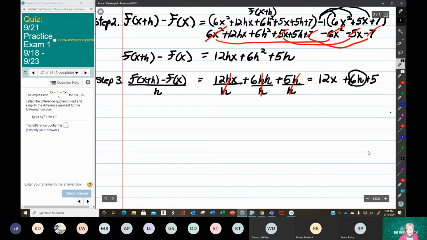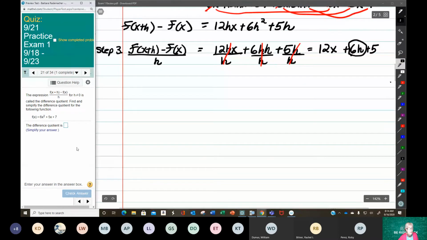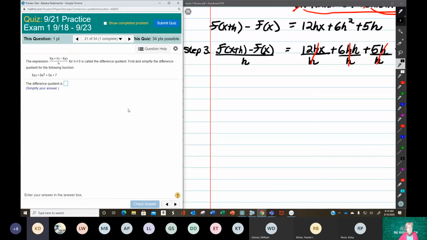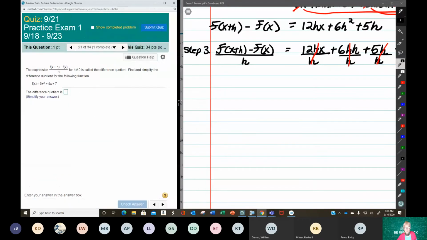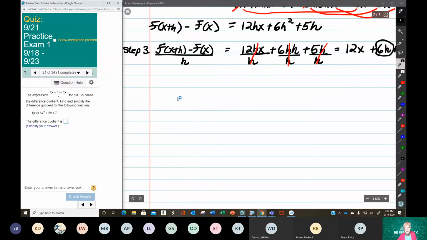Okay, and this was number 21. What do you want to go over now? Okay, I didn't even ask, are there questions about this? It's very, very mechanical.